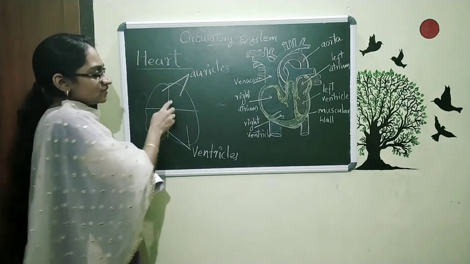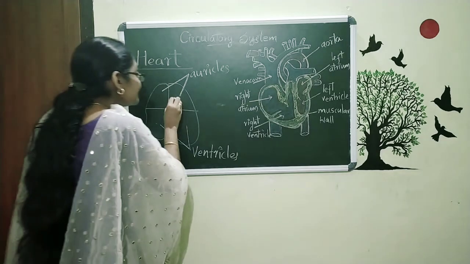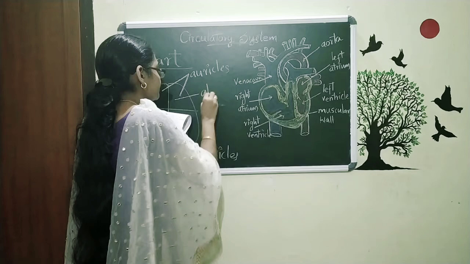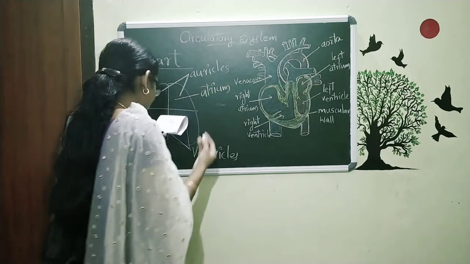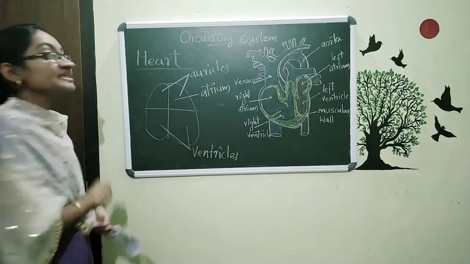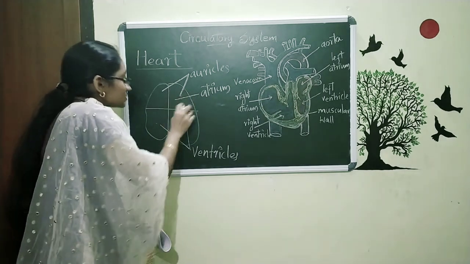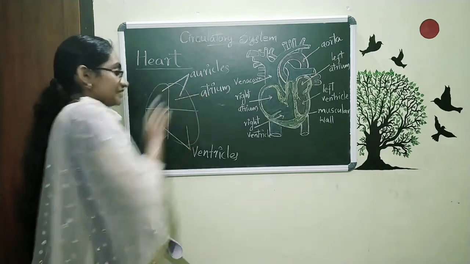Now the question is, how can we call this one chamber? This one chamber is called atrium. So this atrium is a singular word. That means for the single chamber we say atrium.